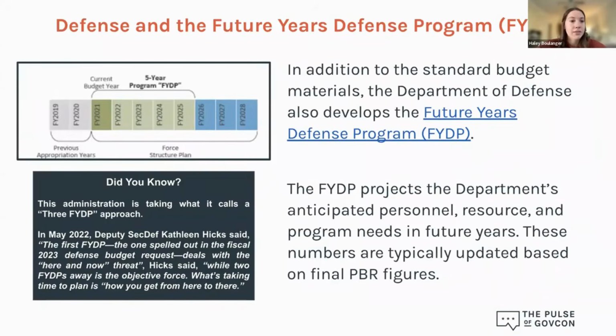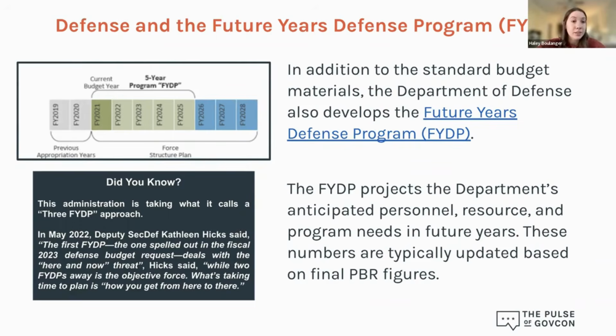And our last part of the executive process here is the Future Years Defense Program, the FYDP. In addition to the standard budget materials, the Department of Defense also develops this program, which projects the department's anticipated personnel, resource, and program needs in future years. These numbers are typically updated based on final PBR figures.